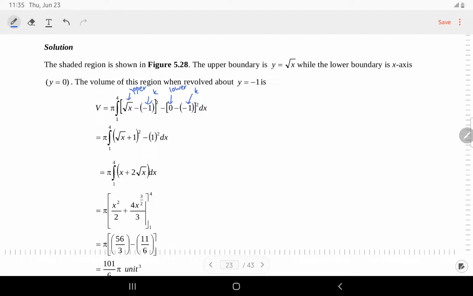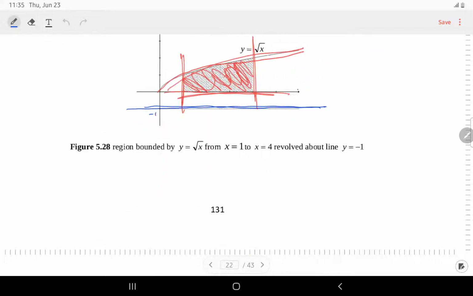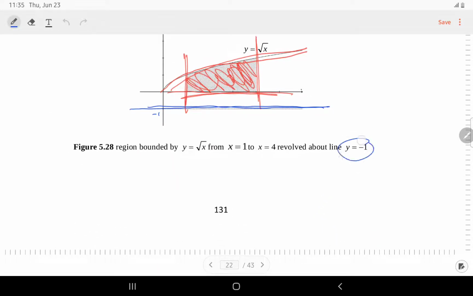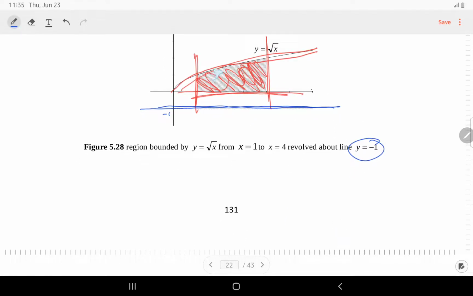Okay, so k dia adalah negative 1 sebab tadi kita axis of revolution dekat y equal negative 1. So k dia negative 1. And then upper boundary sebelah kanan, function belah atas yang ni lah. So apa function dia? Square root x. Function bawah yang ni. Okay, ini apa function dia?